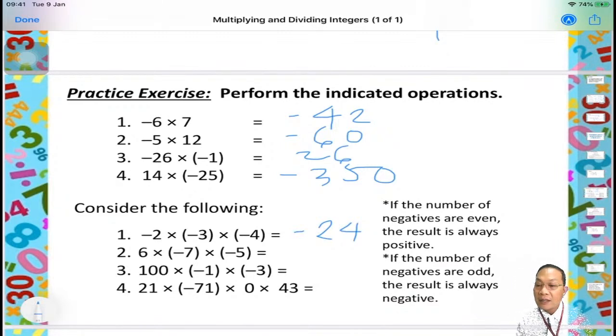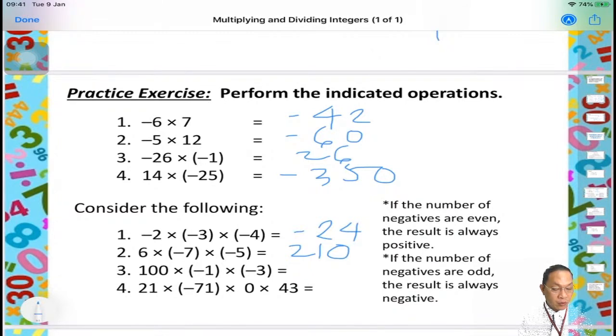Some already answered in advance. Okay, number 2, what's the answer? The answer for number 2 is 210. Yes, number 1 is negative 24.